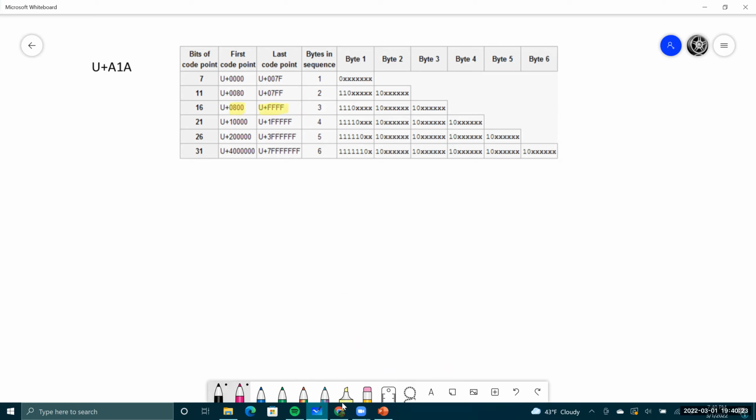The bit pattern for 3 bytes is going to be 3 ones and a 0, and then we have 4 spaces left. And then I have my 2 continuation bytes to reflect that the total should be 3 bytes. So this is a pattern that needs to be filled in.